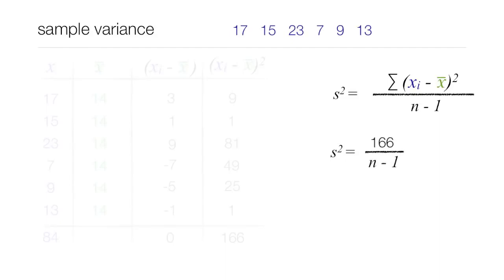N is 6, so it's 6 minus 1, which of course is 5. So the sample variance is equal to 33.2. Now if I take that 33.2 and take the square root of that, that's the sample standard deviation, S, which is equal to 5.76.